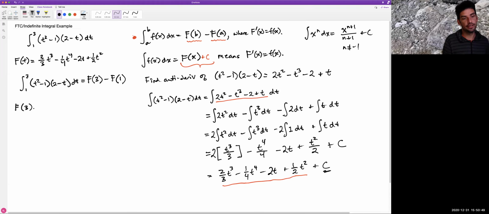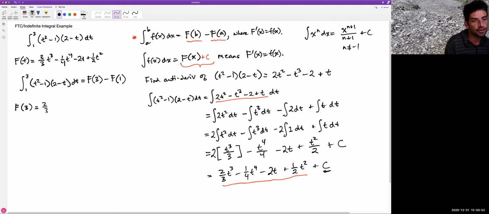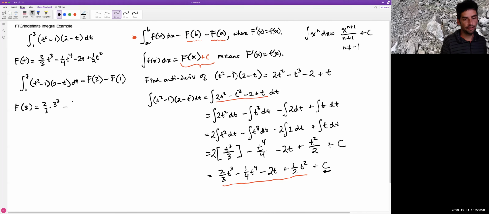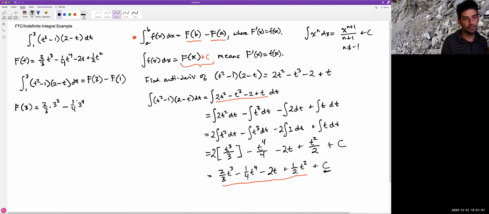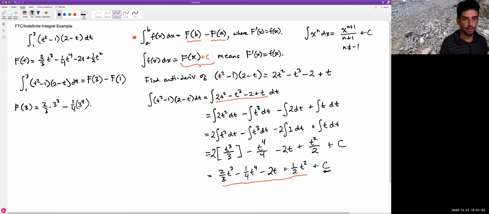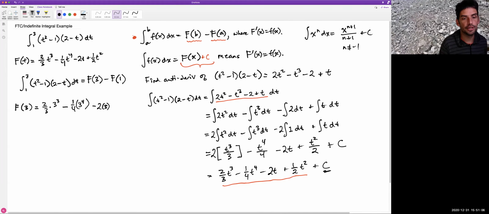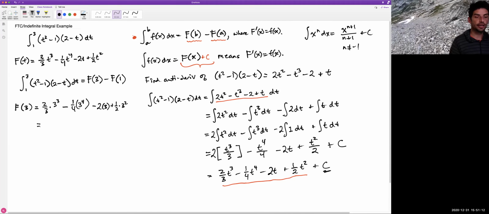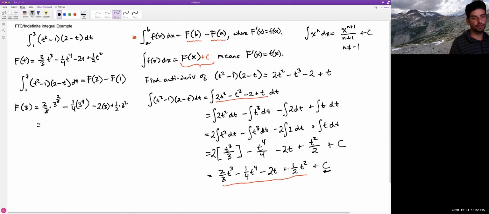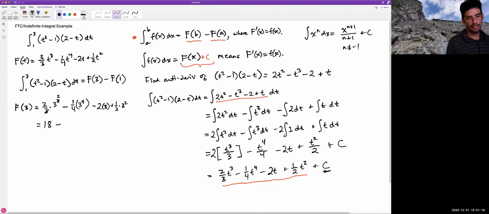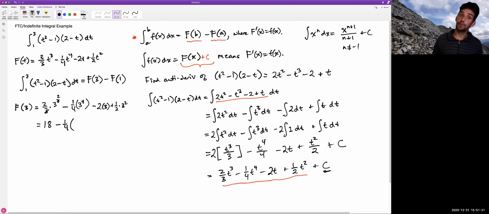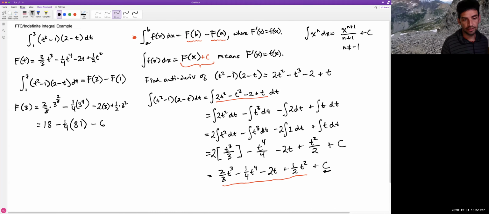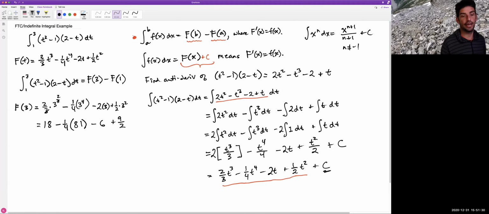So F of 3 is equal to 2/3 times 3 cubed minus 1/4 3 to the 4th minus 2 times 3 plus 1/2 3 squared. So let's see what we get here. I can cancel this with one of these. So 3 squared is 9 times 2 is 18. I'll get 1/4 3 to the 4th is 81. I've got minus 6 plus 9 halves.